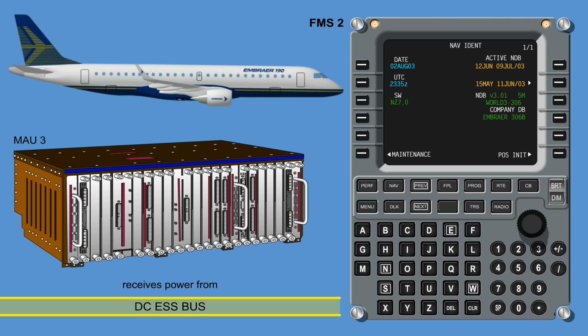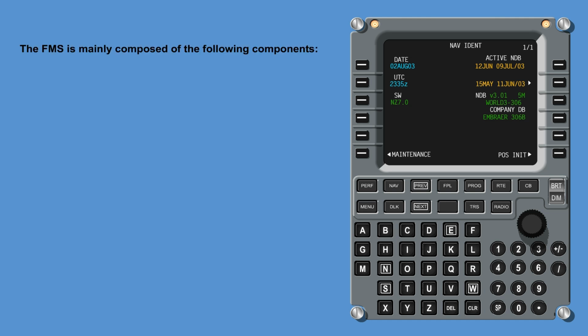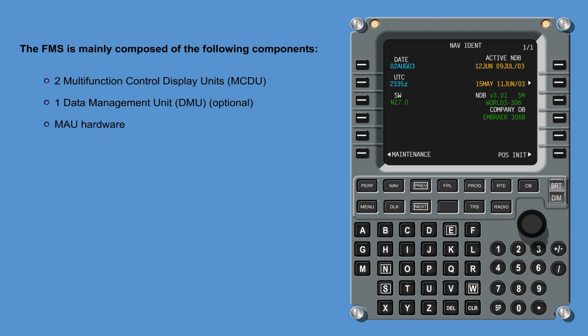The FMS is mainly composed of the following components: 2 multifunction control display units, MCDU, 1 data management unit, DMU, optional, MAU hardware, 2 processor modules with FMS software, 1 database module.